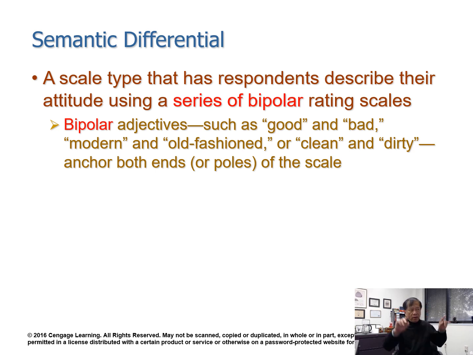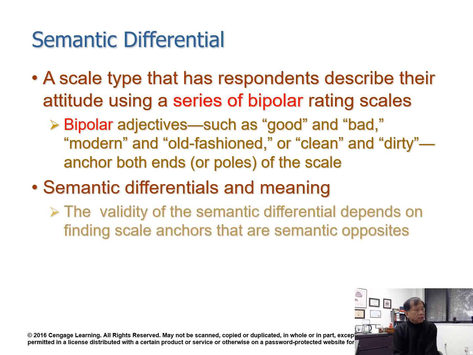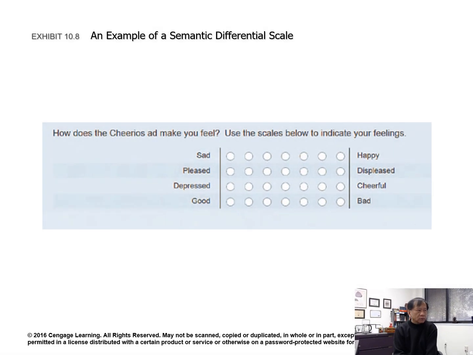So you can have an anchor, good and bad, and ask them to choose somewhere in the middle. Semantic differential shows meanings. The validity of semantic differential depends on finding scale anchors that are semantic opposites.